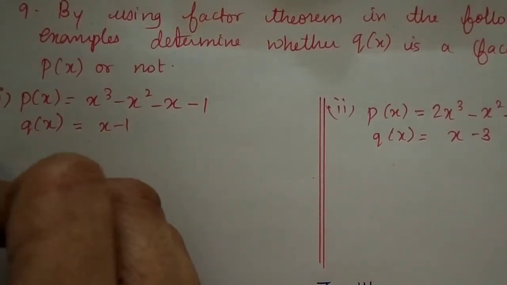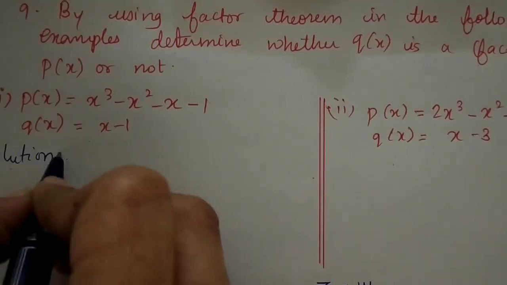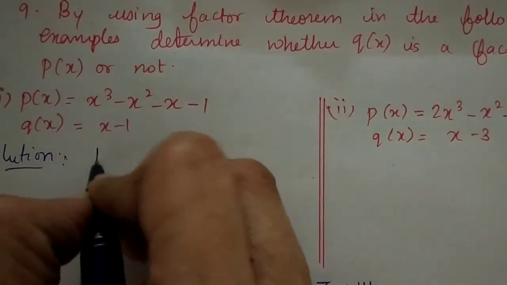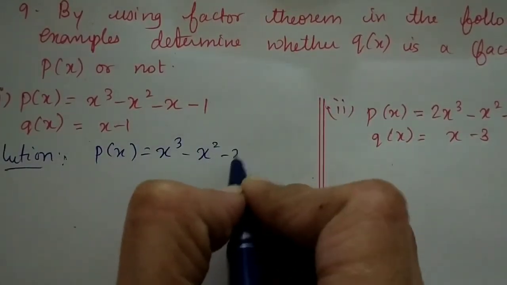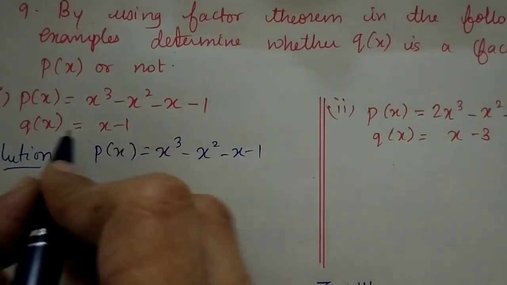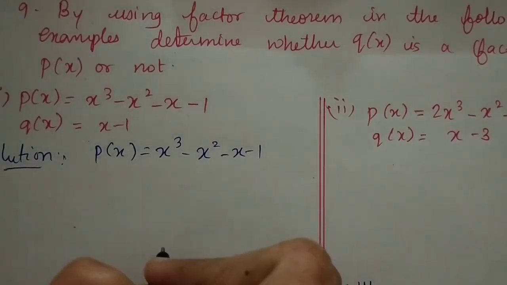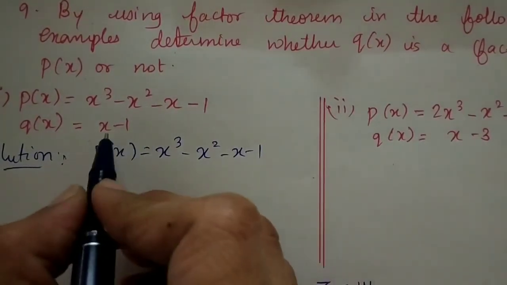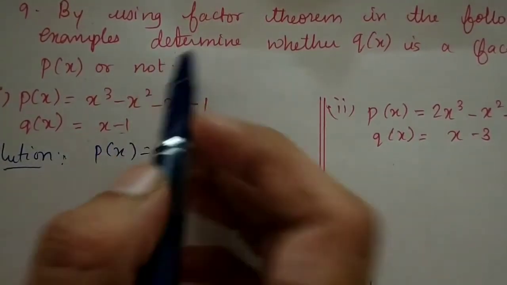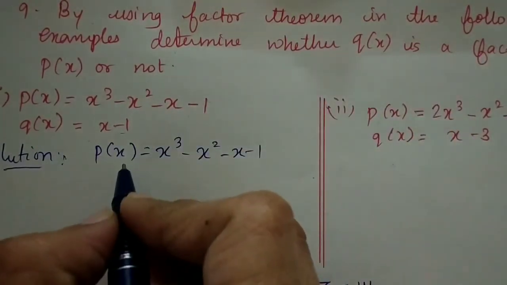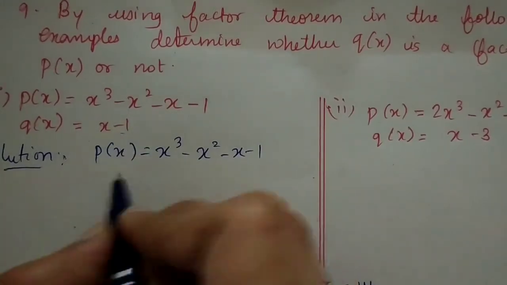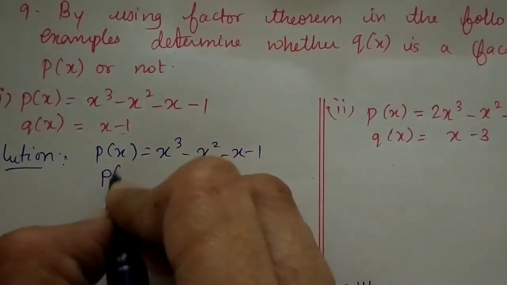Now here, if I want to find out the answer, solution. So my p of x is equal to x cube minus x square minus x minus 1. What am I going to substitute to find out whether the answer is 0? See here, q of x is x minus 1. They have told us to find whether q(x) is a factor or not. So I'll substitute, instead of minus 1, the opposite, which will be plus 1.